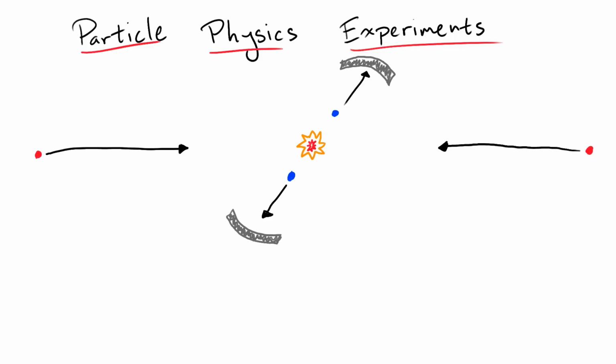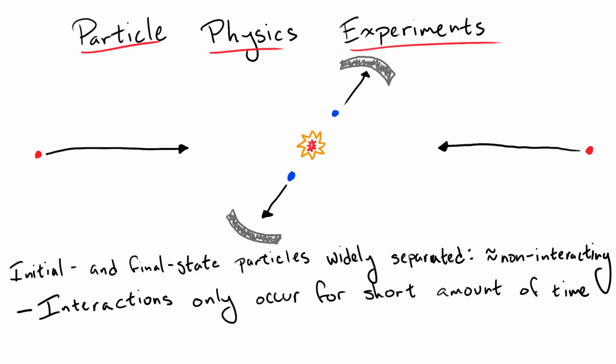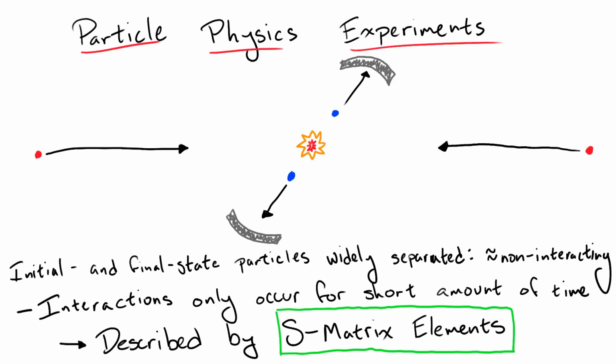In short, the setup we actually want to look at in particle physics is an initial, non-interacting state, with particles separated very far from each other, which then interact for a very short amount of time to create a final state which is again largely separated and non-interacting. Now this picture can actually be translated into mathematics, which corresponds to calculating what are known as S-matrix elements.